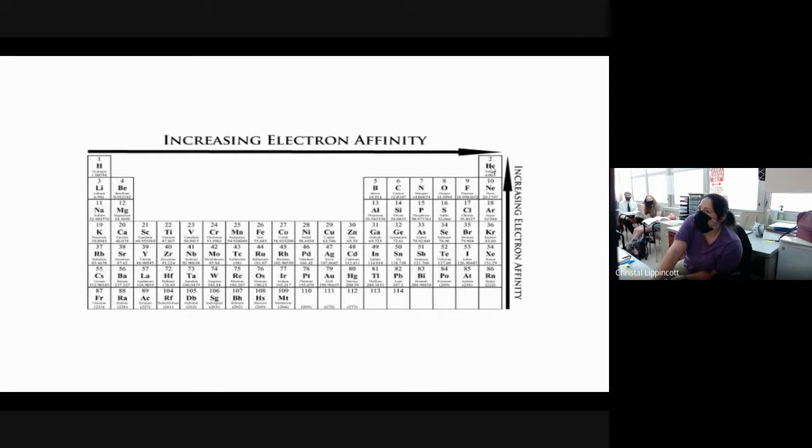These arrows really should not include the noble gases because they're already filled, so visualize that arrow as ending here and ending here. Fluorine wants it the worst. Francium is like, no, you take my electron, I don't want it, it's yours.